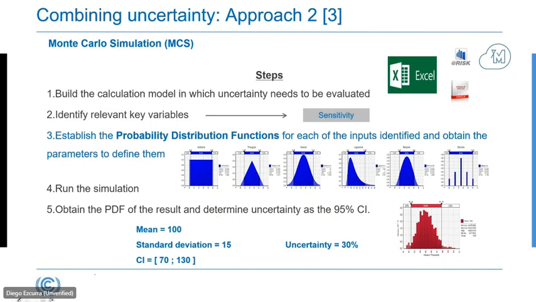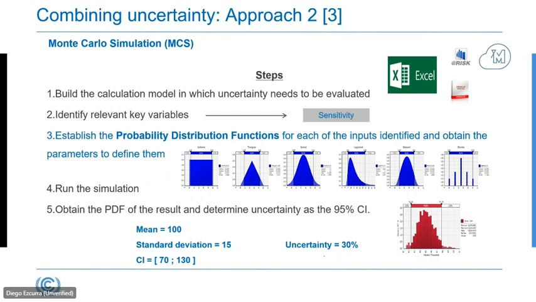For instance, if the output yields an average value of 100 and a standard deviation of 15, and we assume that the confidence interval is around 2 times the standard deviation each side, we may say that the uncertainty for the result would be 30%.